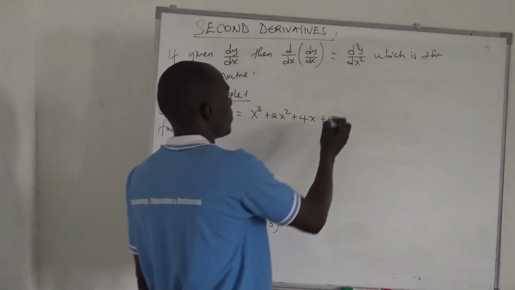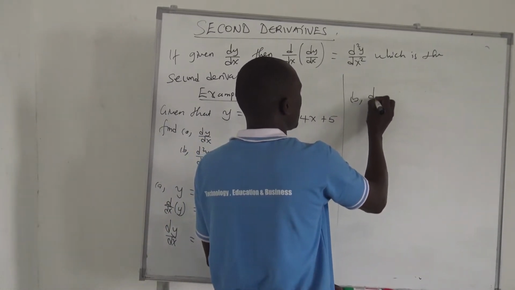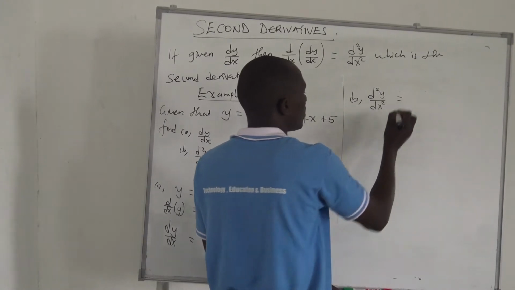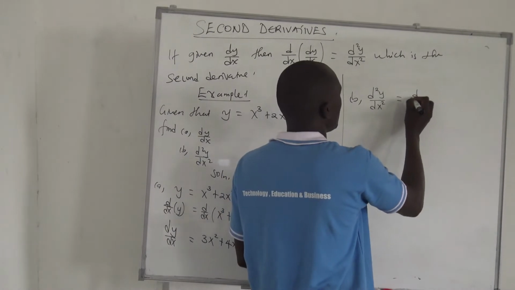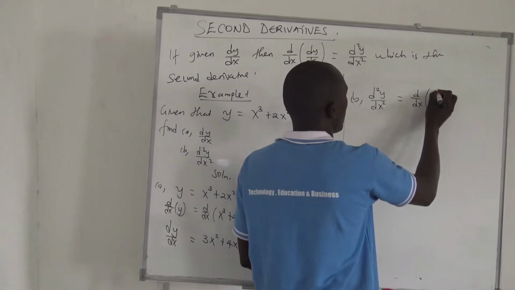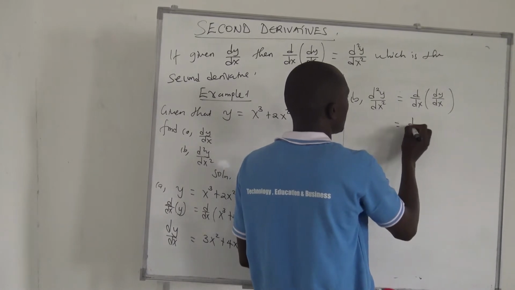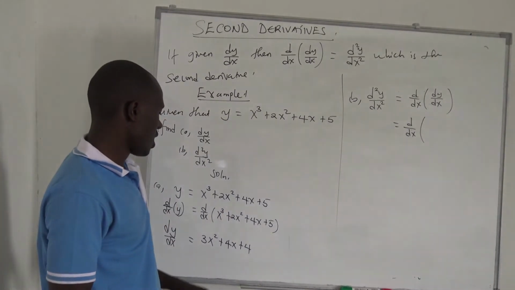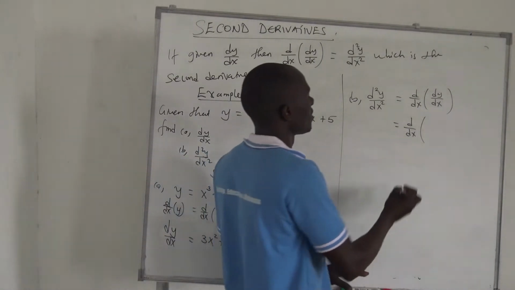Now we are going to go to part B. They are asking us to get d²y/dx², which is the same as d/dx of dy/dx. Our dy/dx is already 3x squared plus 4x plus 4.